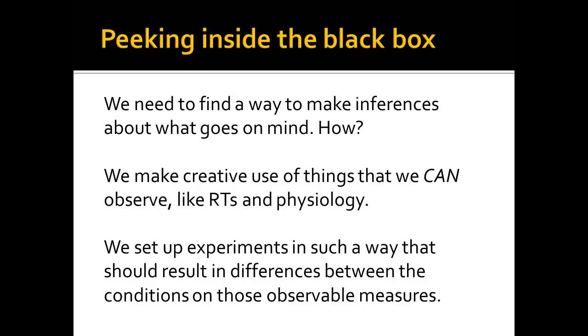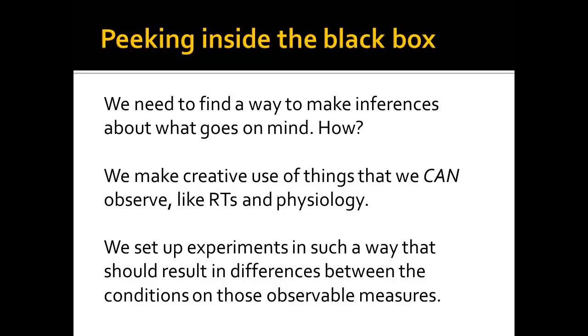So, the same way that you can't directly observe a black hole, for example, you cannot directly observe someone's attention. But you can make inferences about what black holes are and how they work by the effects that they have on things around them.